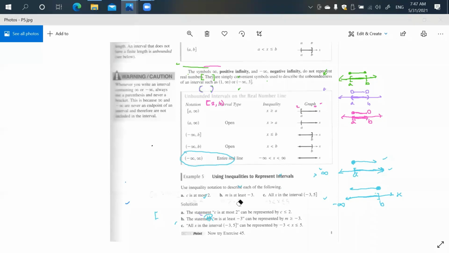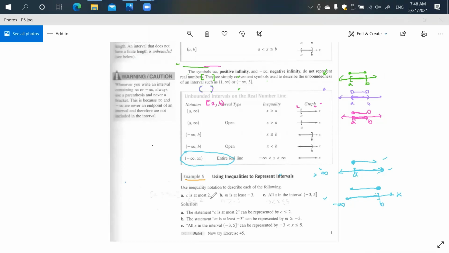Then I can erase this one, right? So it's easier to see better. Now see example 5. I can use another color, maybe orange. Example 5, right?